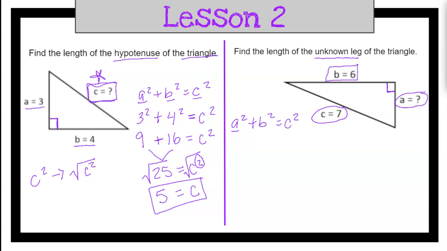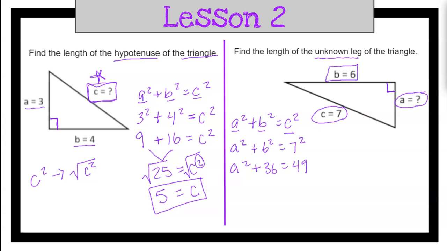We're going to replace our variables with their value. A we don't know, so it's going to stay a, plus b is 6, so 6 squared equals c is 7, so 7 squared. Evaluate our squares. We have a squared plus 6 squared is 36, equals 7 squared, which is 49.